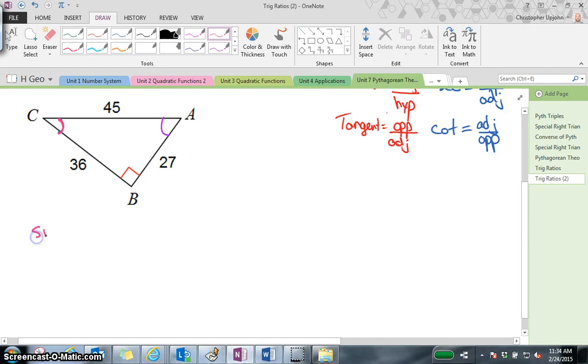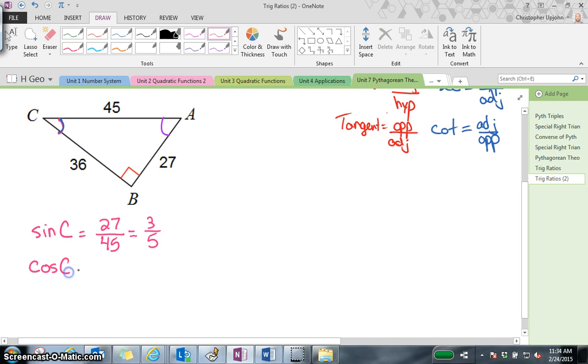So let's look at sine of C. What two sides do we use for sine? Opposite over hypotenuse. So opposite is the side directly opposite of it, 27. And our hypotenuse is 45. Is that my final answer? No, why not? I've got to simplify it. What can I divide both of those by? 9. So I get 3 over 5.